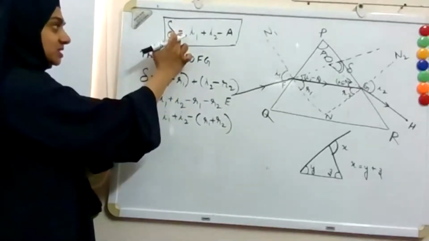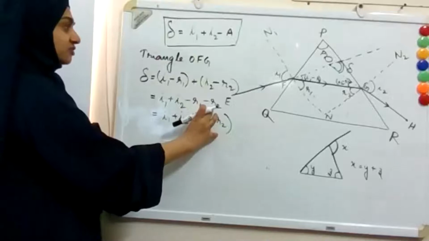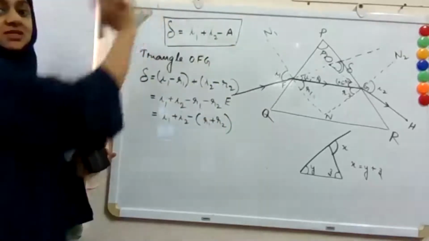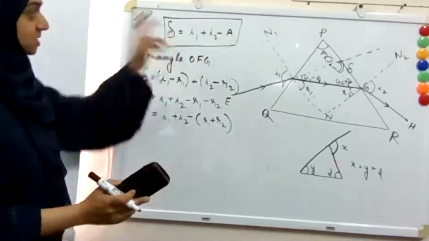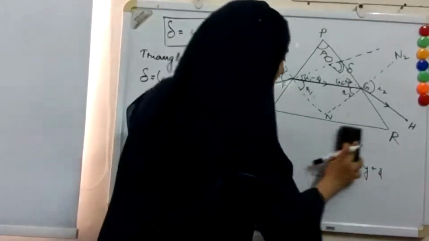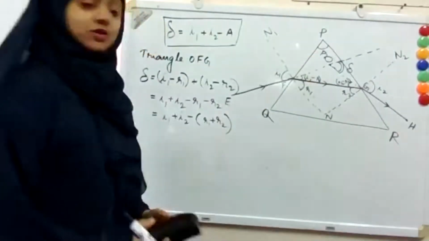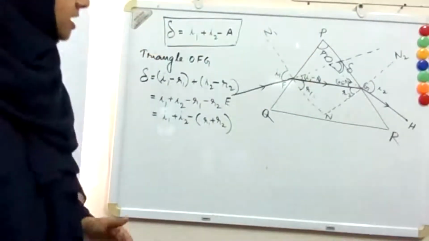Now compare with this. We just have to show that R1 plus R2 is A, then we will get this equation. So our idea now is to make A equal to R1 plus R2. Let us see how we can prove that.